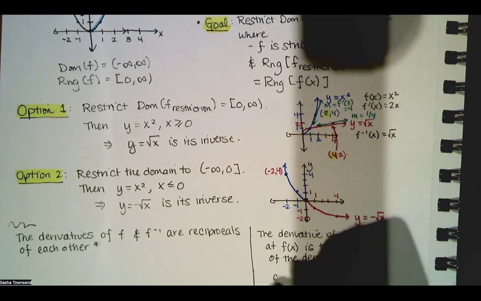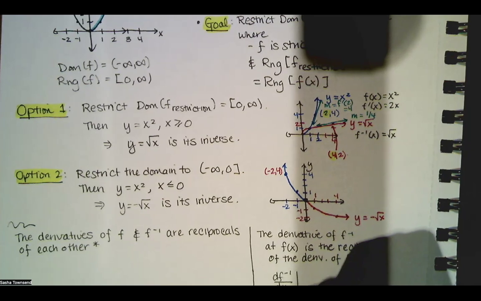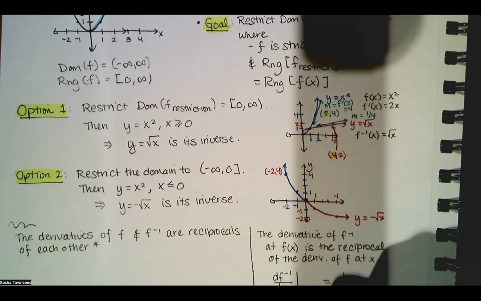So here we have the derivative of f inverse at f of x equals 1 divided by f prime of x.